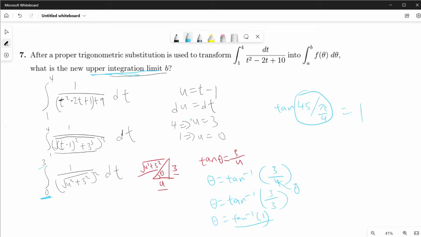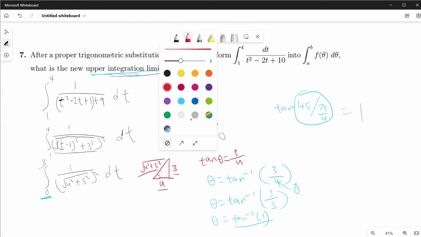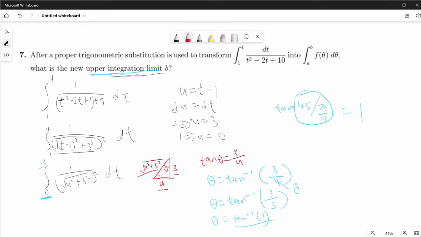So one thing you can do is move this theta over here, or you can write a different triangle, where you have this as theta still, but 3 here and u here. Then it's a similar substitution, as in tangent theta would now equal u over 3 rather than 3 over u, and now you can plug in 3 or 0.